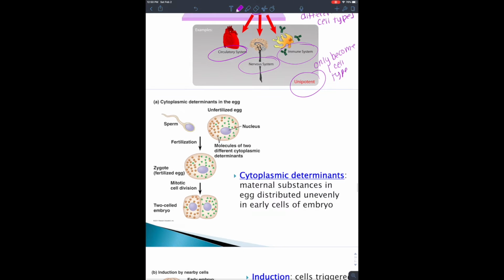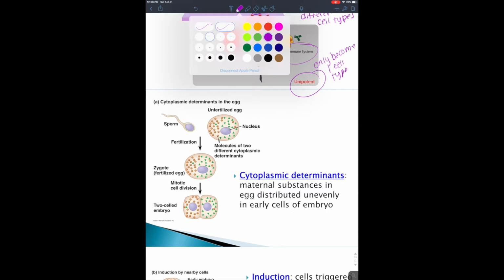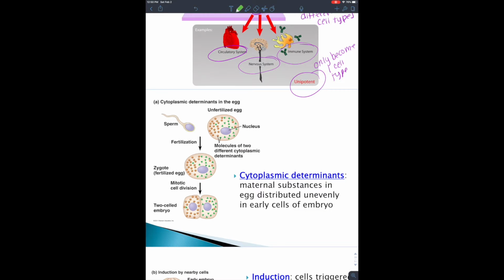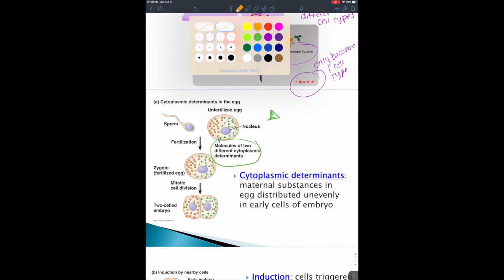You have cytoplasmic determinants. These are substances in the egg that are distributed unevenly in early cells of the embryo. If I look at this picture, I have molecules of two different determinants. I've got these triangles, and I've also got these orange circles.